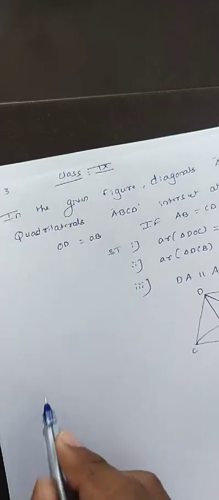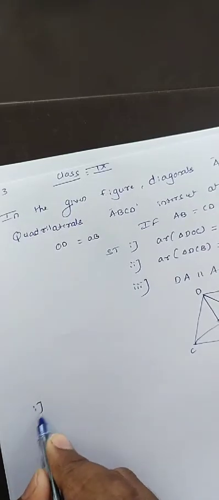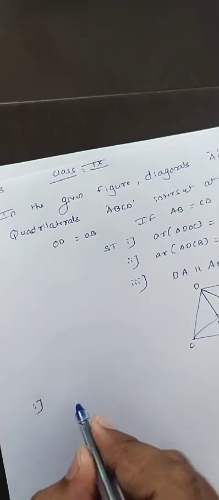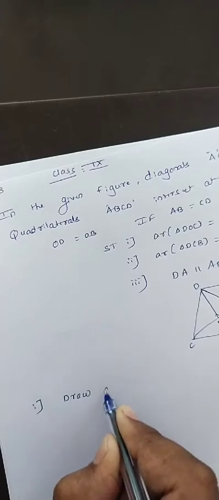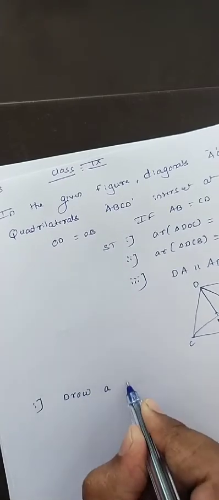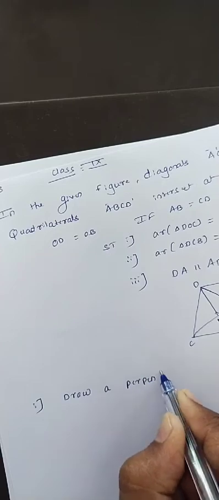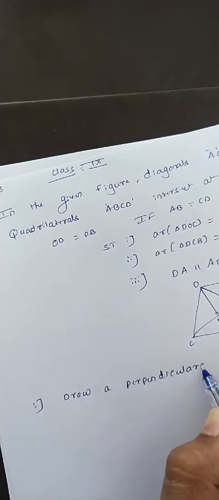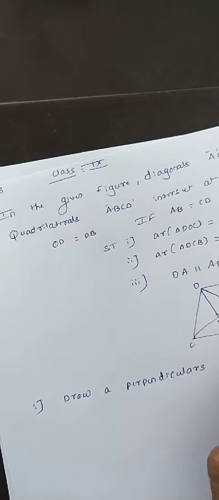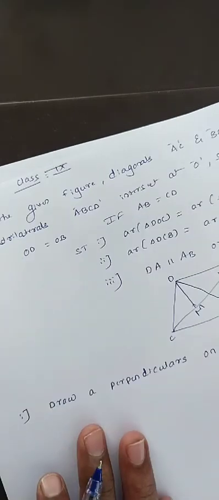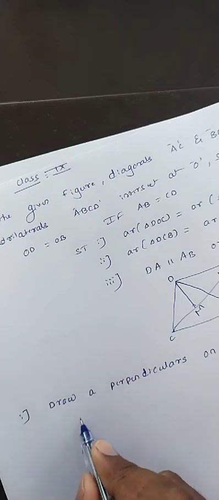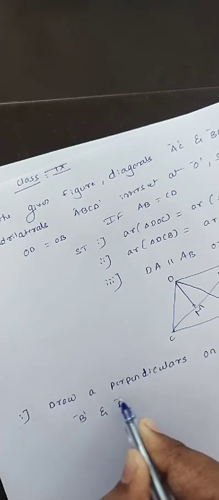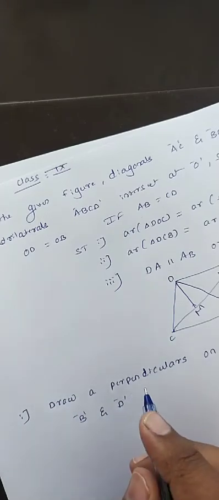So write the steps. The first step: draw perpendiculars on AC from B and D. This is your first point.